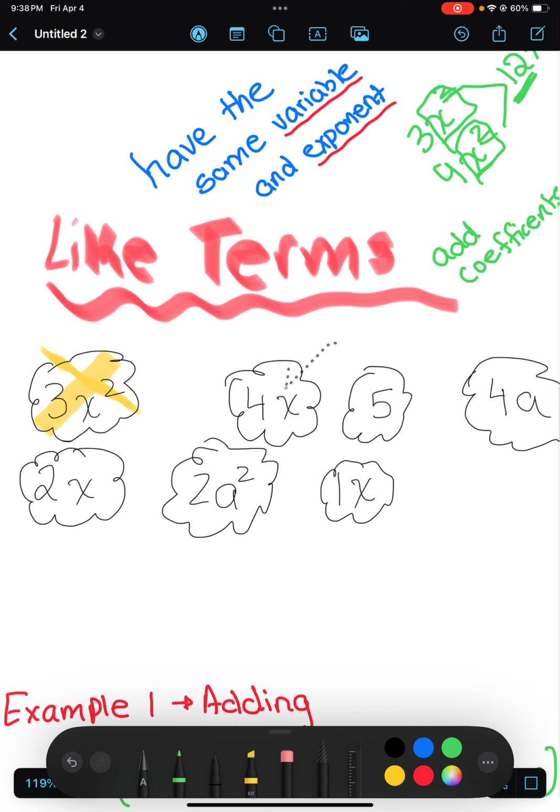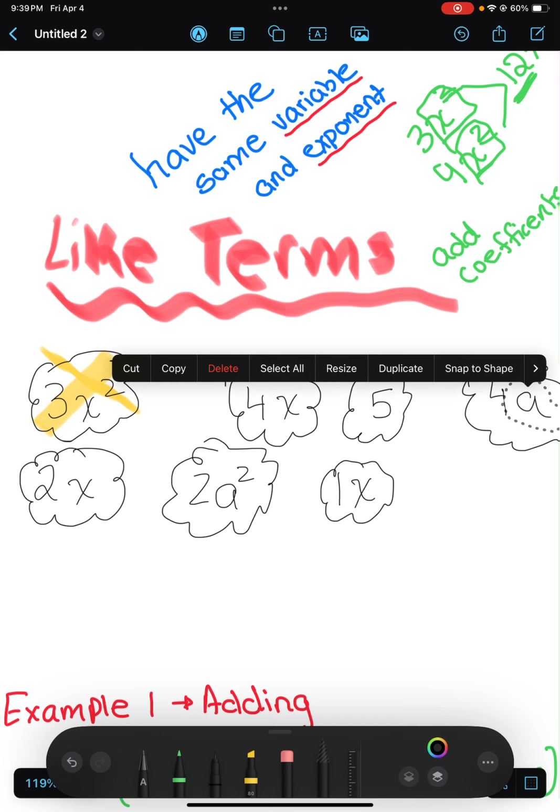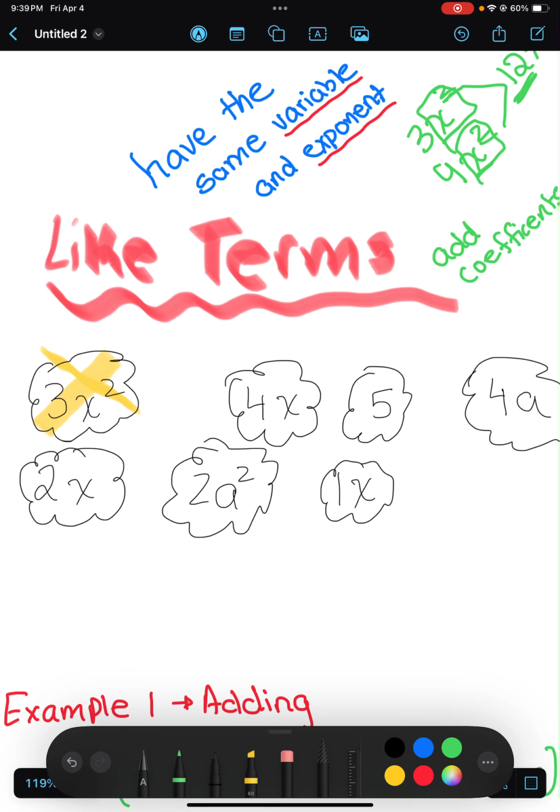Let's look at the next one. 4x cannot be combined with 5. 4x cannot be combined with 3a because x and a are different variables. 4x can be combined with 2x because my variables are both x's. This 4x has an exponent of 1, and this x has an exponent of 1. So I am going to combine them.